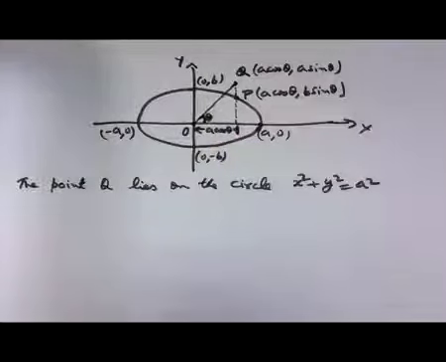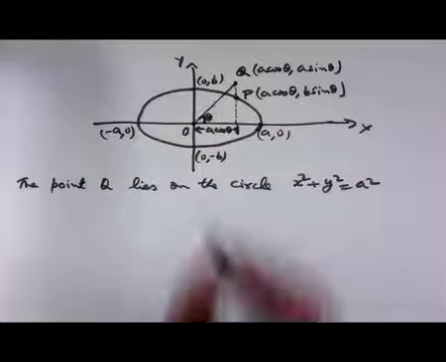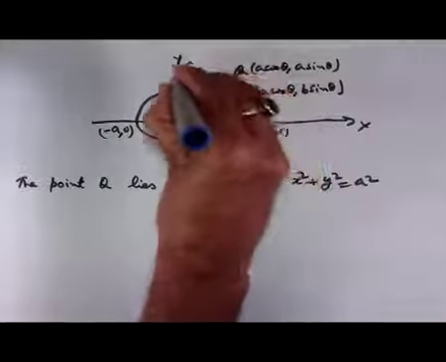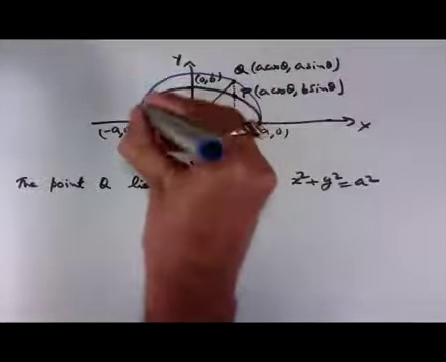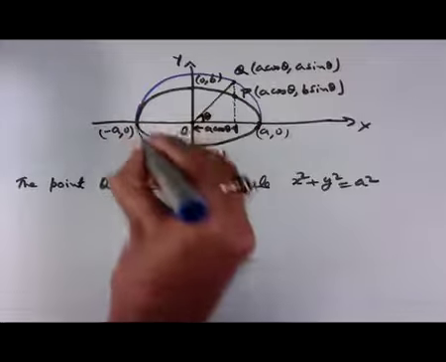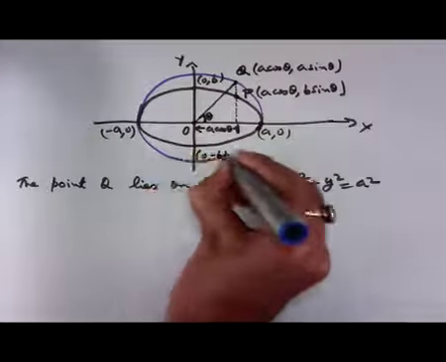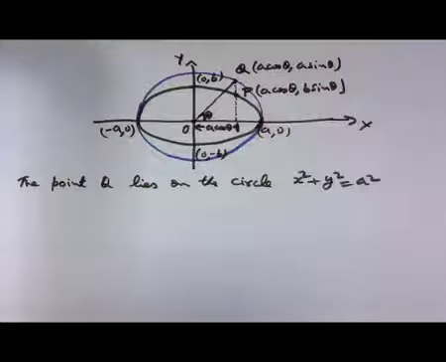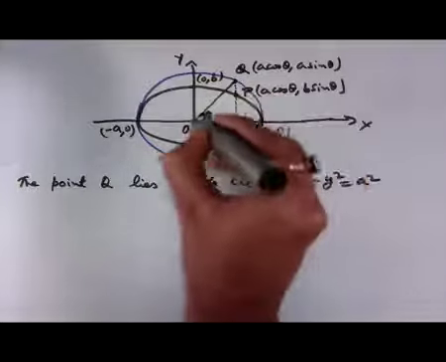If I draw this circle, this is the circle which has radius equal to a and center same as the center of the ellipse.